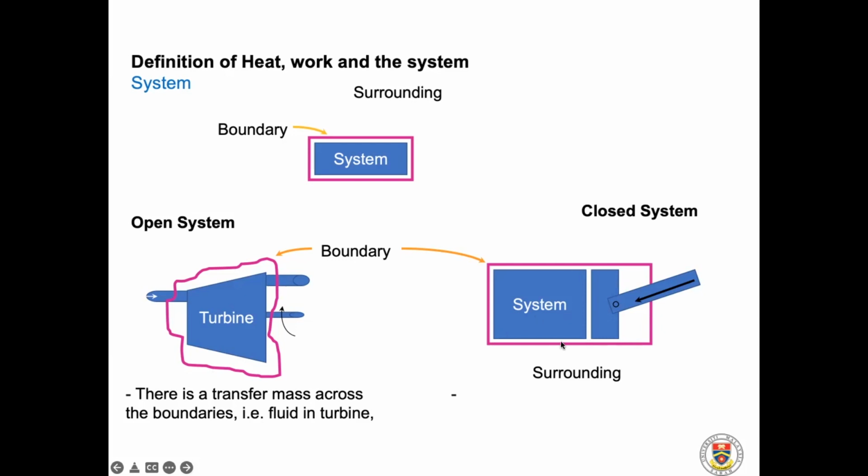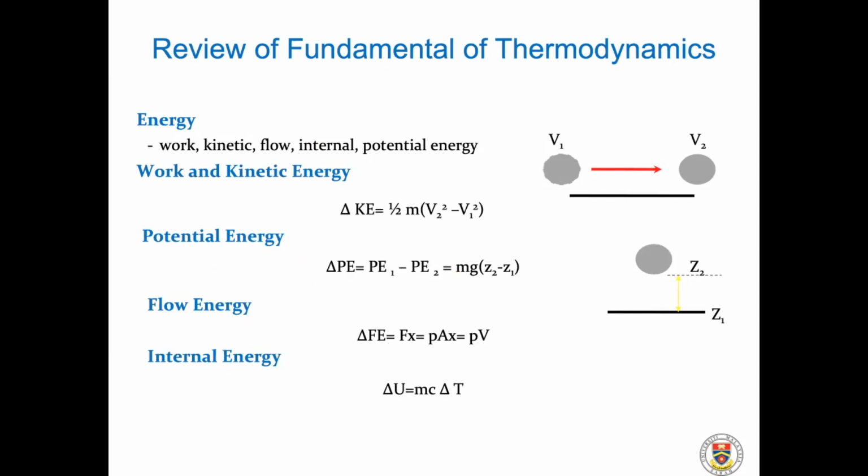Whereas for a closed system like a piston, the surrounding is the outside of the piston, and the inside is the system that we are focused on.